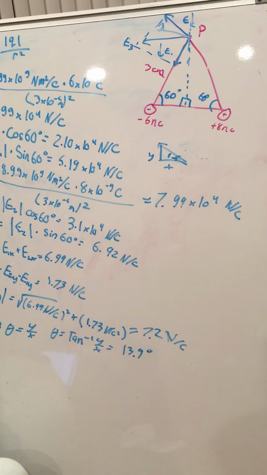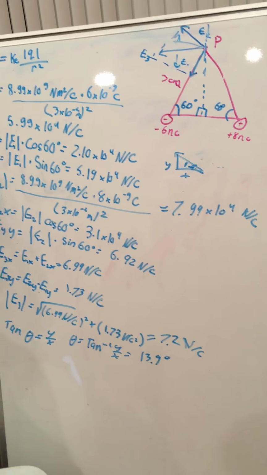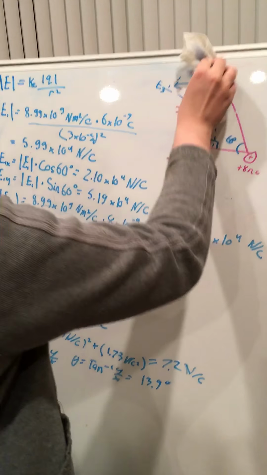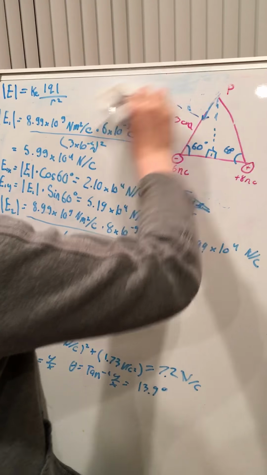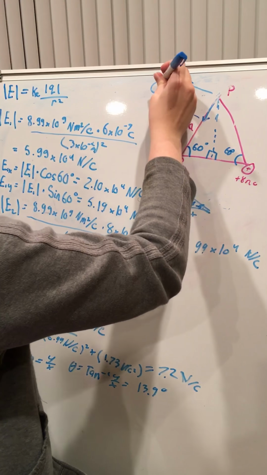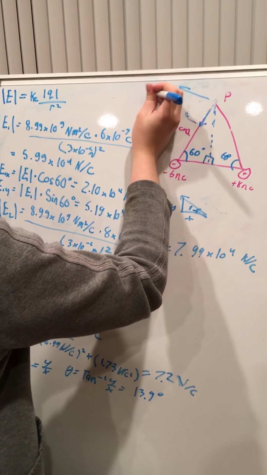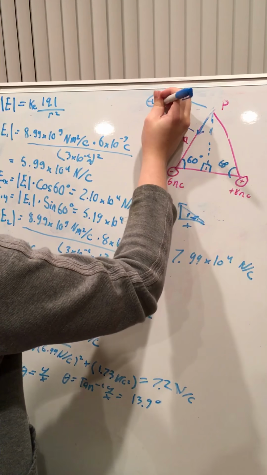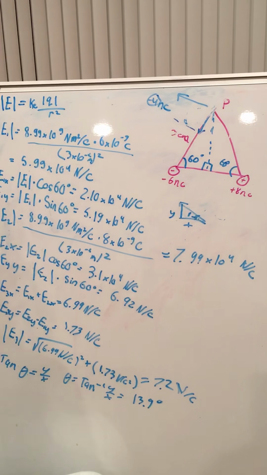x-axis. Now, let me just erase this here, we have our little electric force. We want to find out what's happened if we put a minus 4 nanocoulomb charge there. We want to find the electric force.